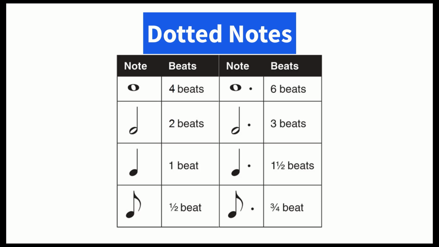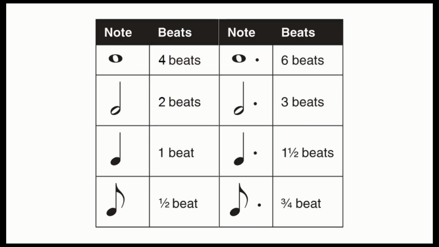Dotted notes. We will now take a look at dotted notes. To make a note last longer, a dot is often added. A dot increases the duration of a note by half its value. For example, a dot after a quarter note means that you should play a note for 1 plus half a beat, 1.5 beats.